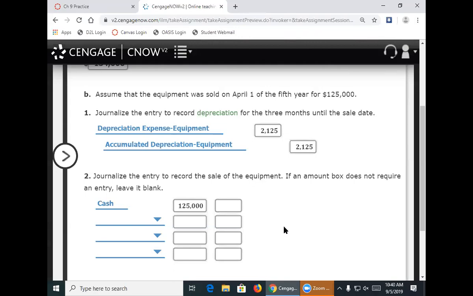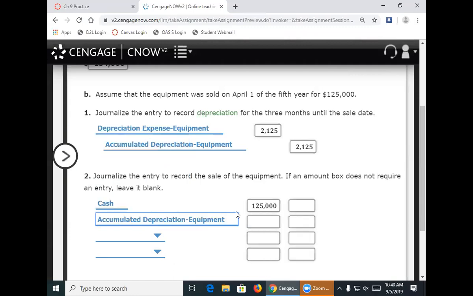Well, to zero out an account, you just do the opposite of the balance. So for accumulated depreciation, to zero it out, I'm going to debit its balance of $36,125. For the equipment, I would credit equipment.